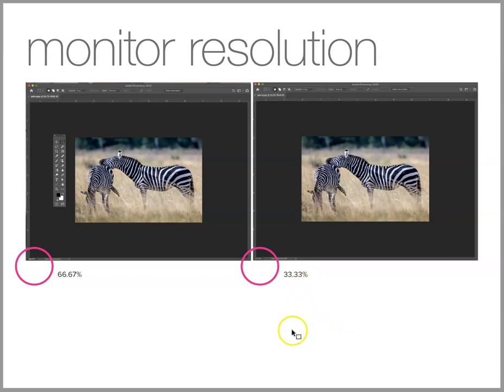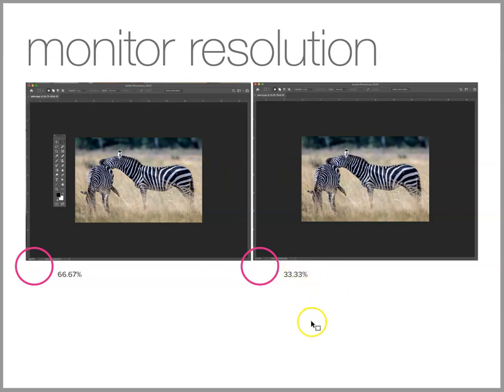Now, the relationship of this percentage number to the size of your photo is not like we expect it to be. It's not that this is showing you a 33.33% view of this picture, because the view on each monitor is exactly the same size to your eye.